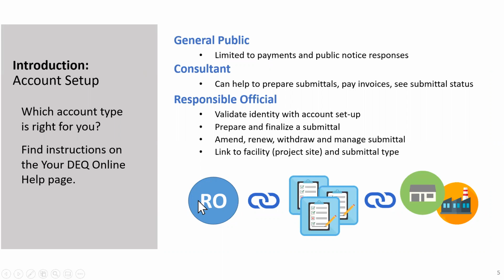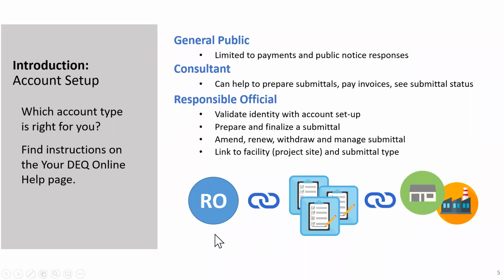We also talked about how the responsible official, or we also call them the RO, needs to link to their facilities and submittal types, but also they need to link to their consultants and then extend those permissions that they have for their account to their consultants as they wish.